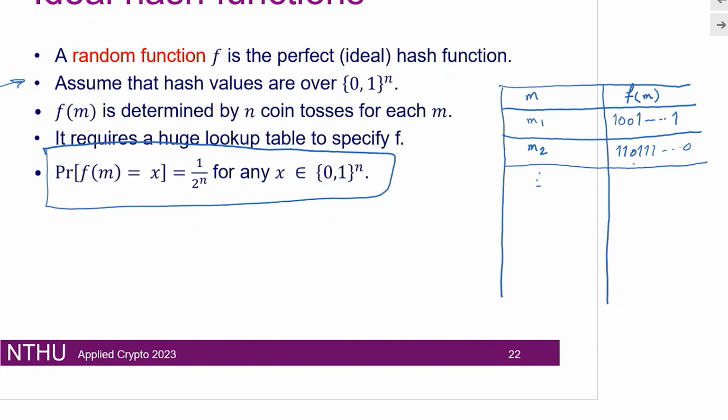For example, a particular value where a lot of the messages we query have their hash result equal to this value. We don't know why, perhaps just because of the design of the hash function. And those hash functions, remember, are considered safe. We cannot find collisions in those hash functions. But we know that there must be some output values that are much more probable than the other ones, and many messages would map to those values.